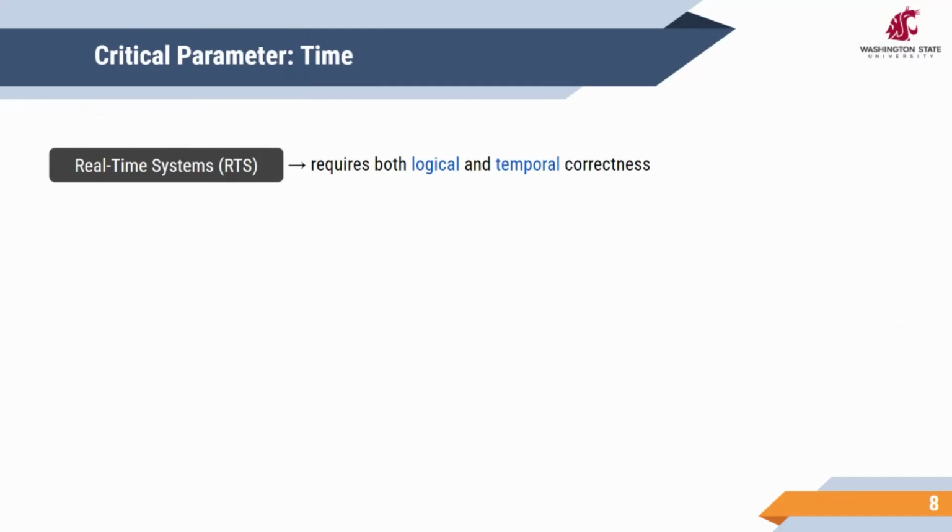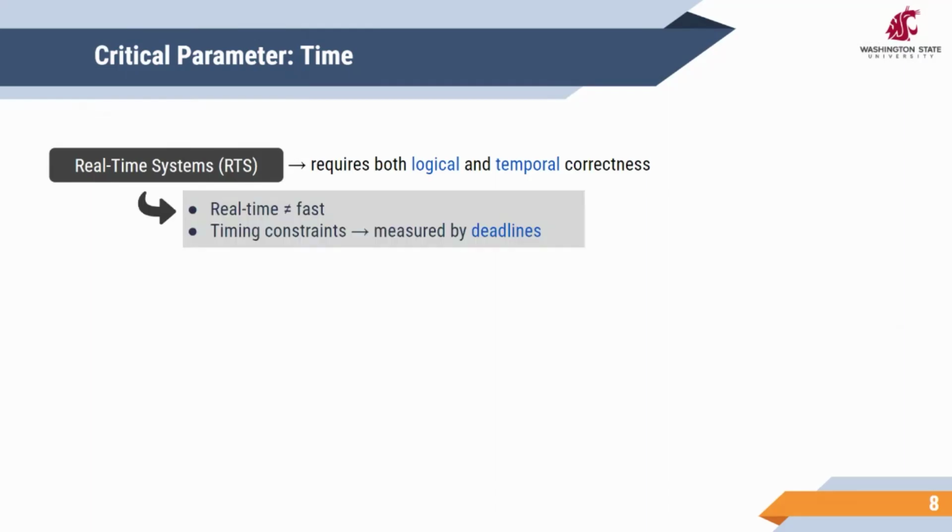So for real-time applications, we need correctness both from the logical side, the functional correctness, and at the same time, we also need temporal correctness, which means certain things need to be done within certain temporal bounds. There's a misconception about real-time applications. Often people think real-time means fast or just in time, like real-time multimedia.